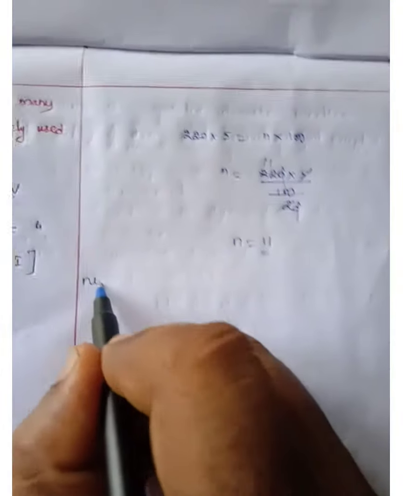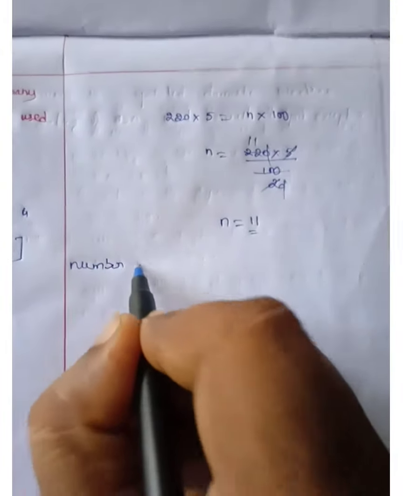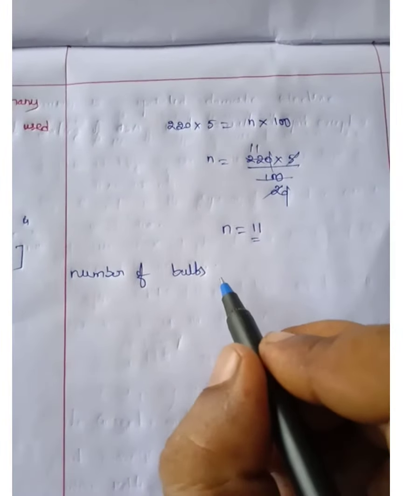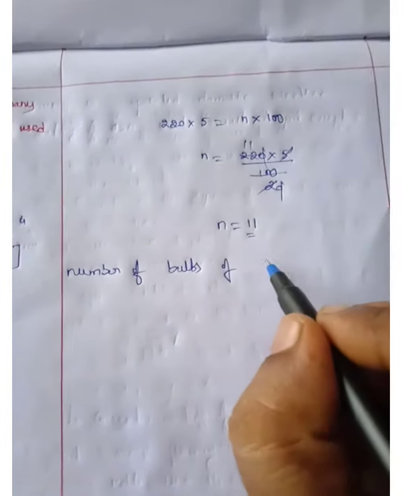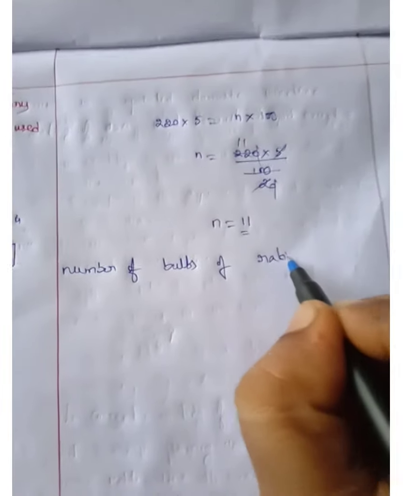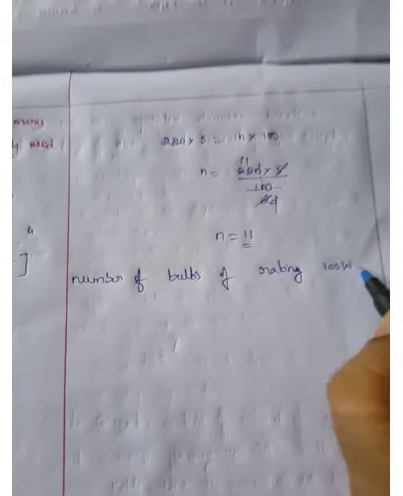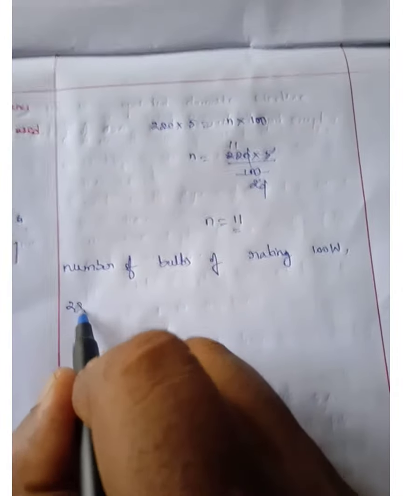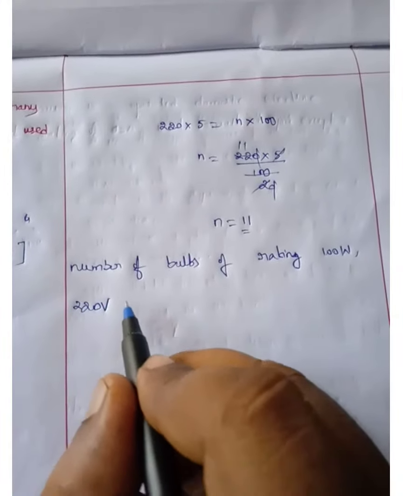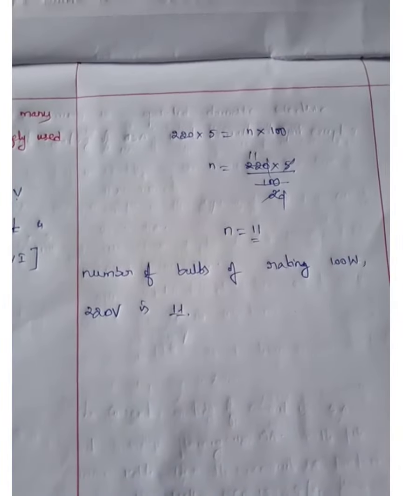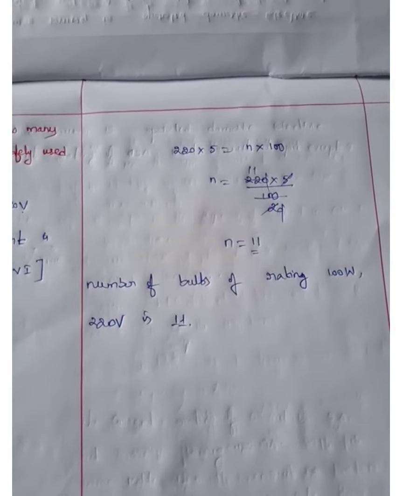So the number of bulbs of rating 100 watts, 220 volts is 11.